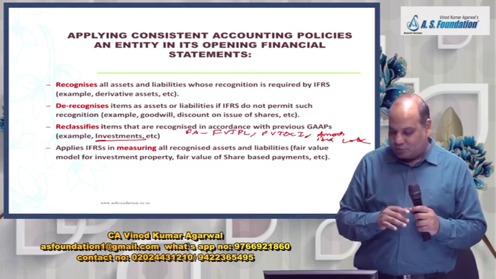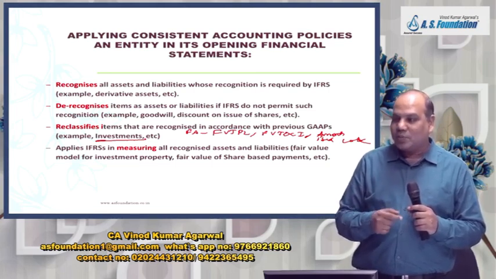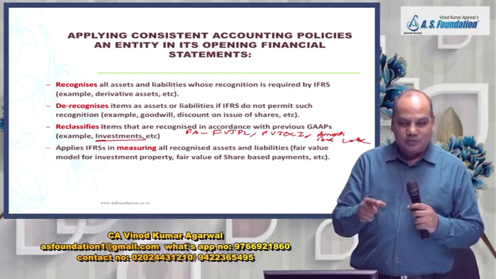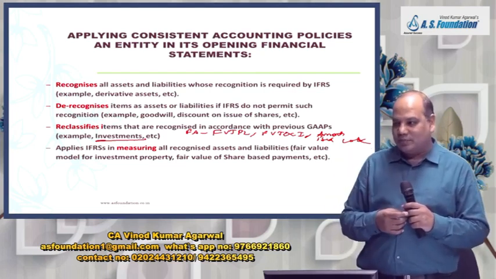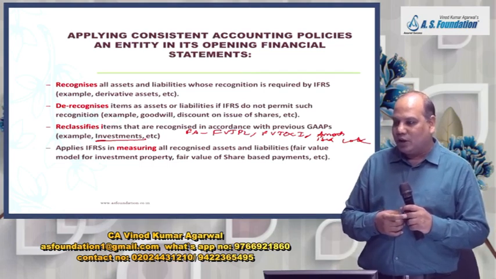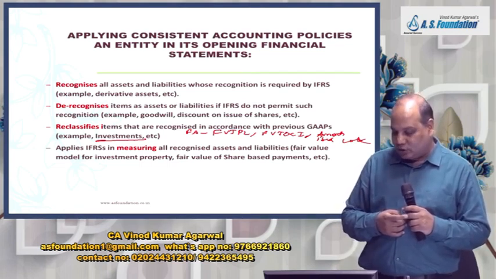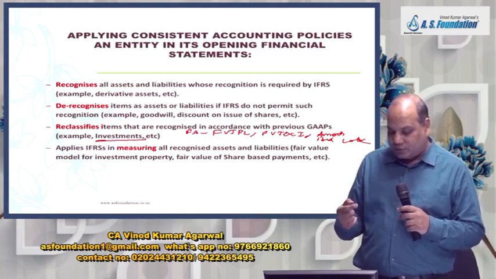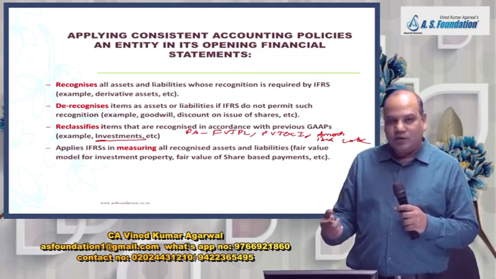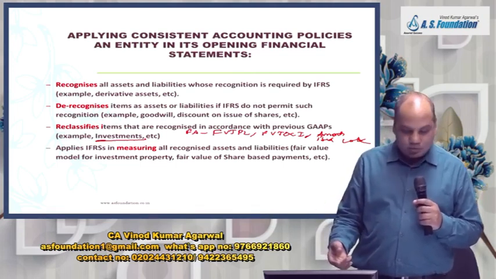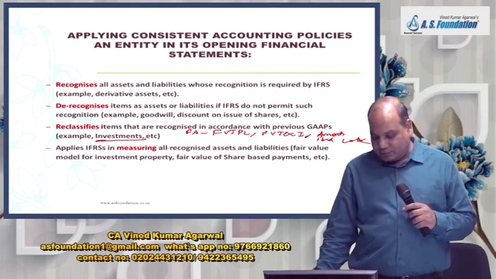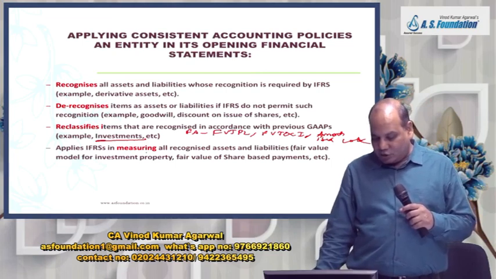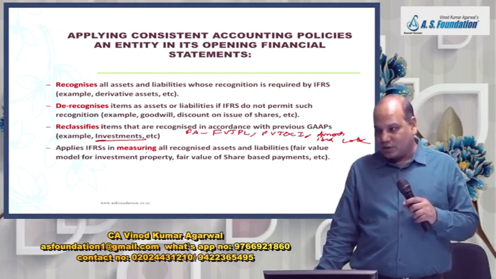So in simple terms, you have to do a retrospective working of that item and see today what would have been the balance of this item had I followed IFRS. And that is where you have a lot of mandatory exemptions, voluntary exceptions, because applying paragraph 4 for each and every item of the balance sheet is a big difficult exercise.